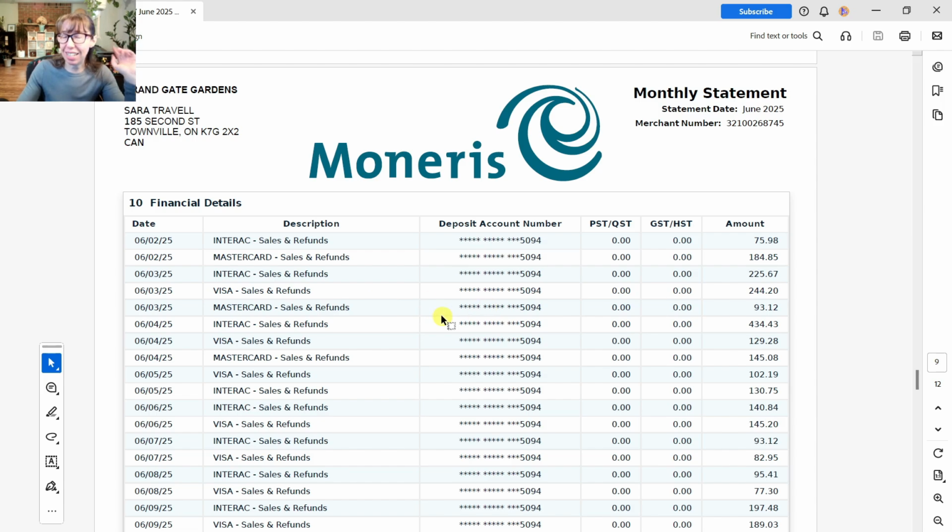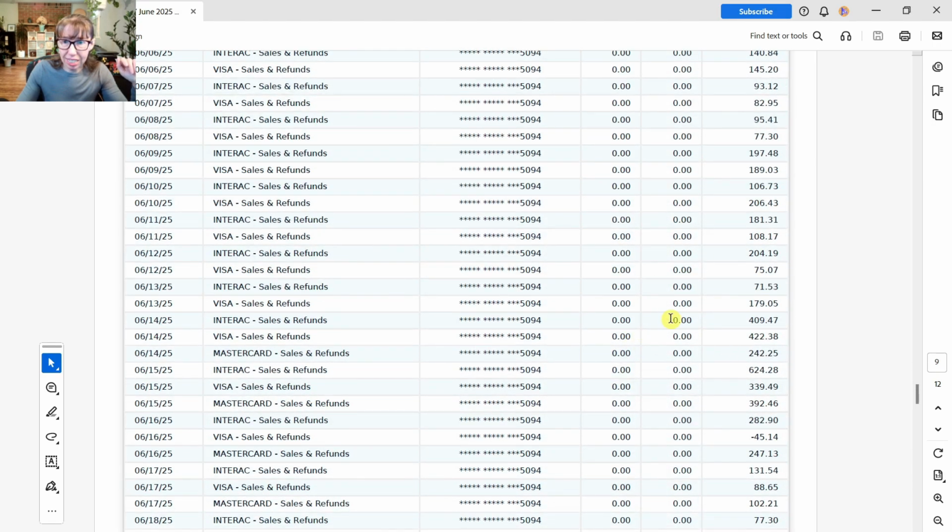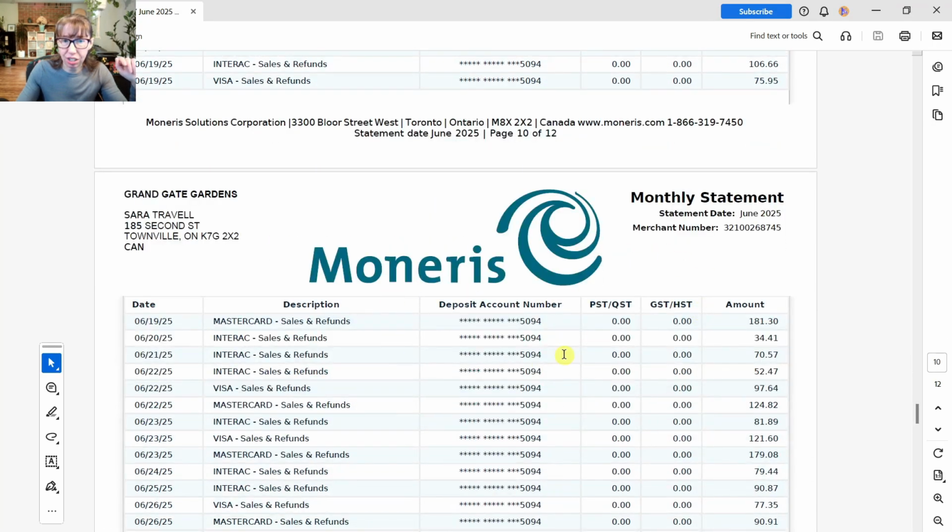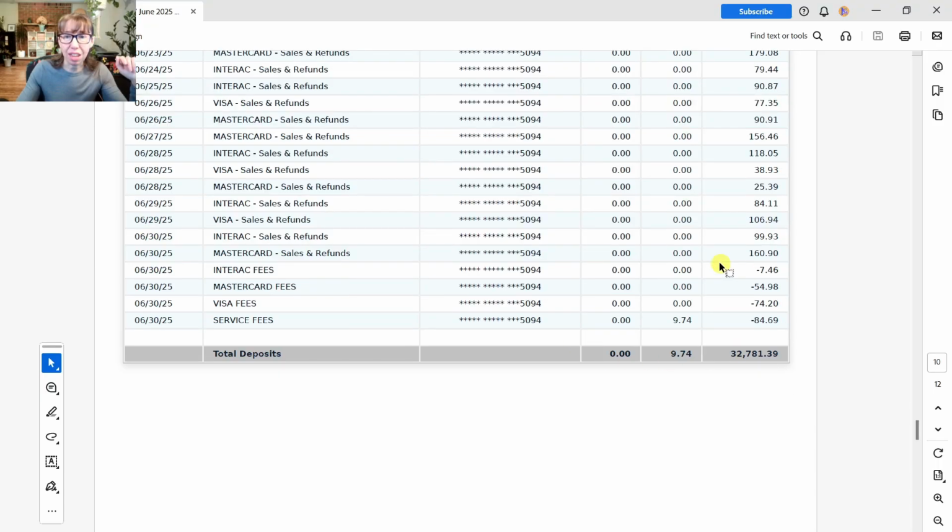It doesn't necessarily match the totals of the daily activity, because the daily activity mentions fees that are maybe charged at a different time. Anyway, all that to say is we found the words GST, HST, so we can scroll down and see if there's any GST or HST on any of these transactions, and there is.